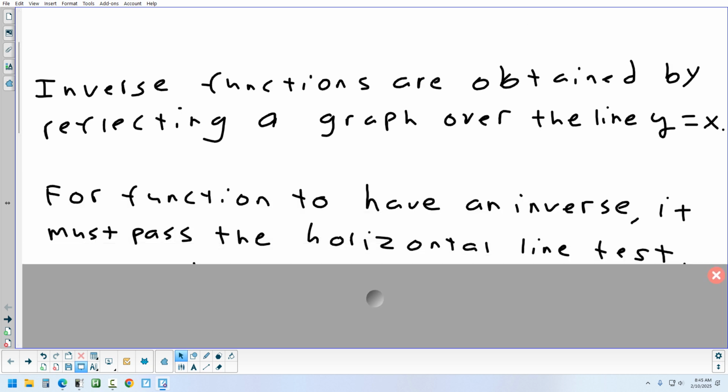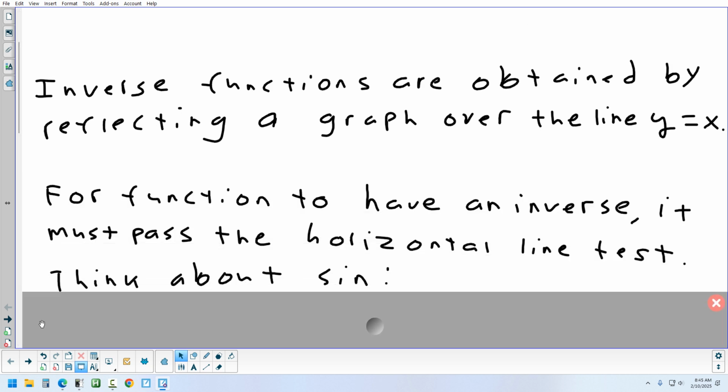All right, so now, for a function to have an inverse that's also a function, if you have a graph that's a function and you want to see if its inverse is a function, it has to pass the horizontal line test.